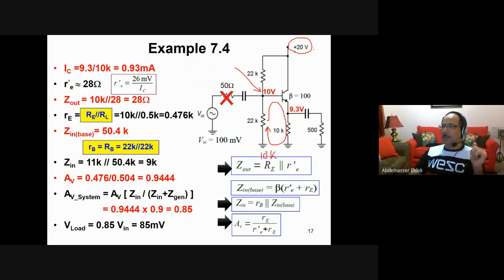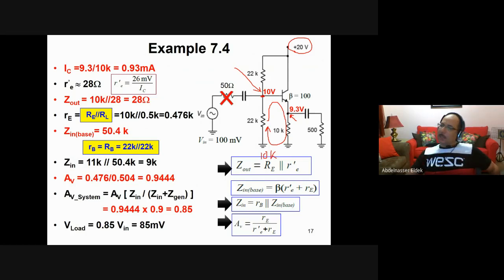Then in this case, this 20 will be divided equally between 22 and 22. So the voltage here will be 10 volt. Then if the voltage here is 10 volt, the voltage at this point is 9.3, which is 10 volt minus 0.7. If this one is 10 volt, the voltage here will be 9.3 because you have almost a diode here.